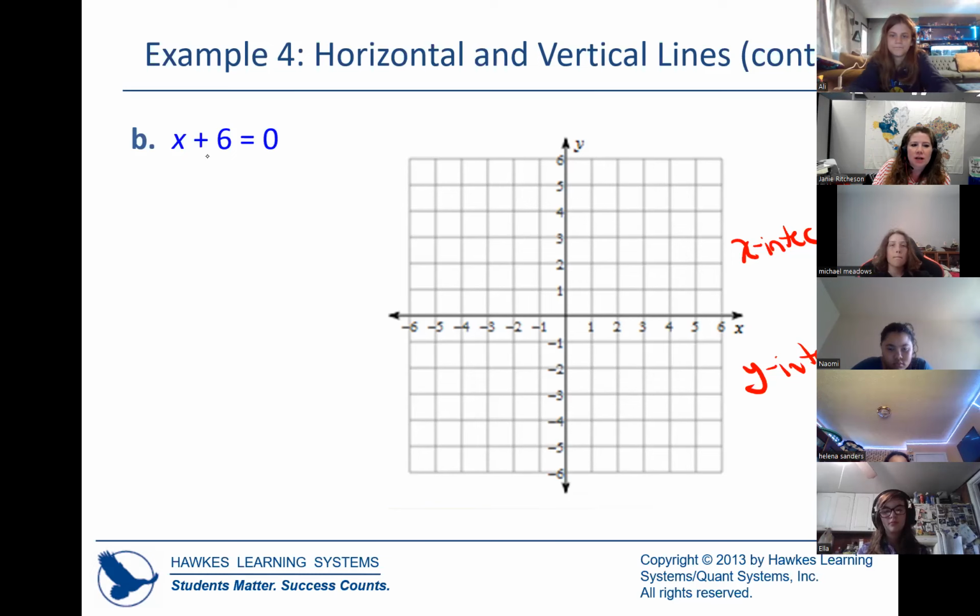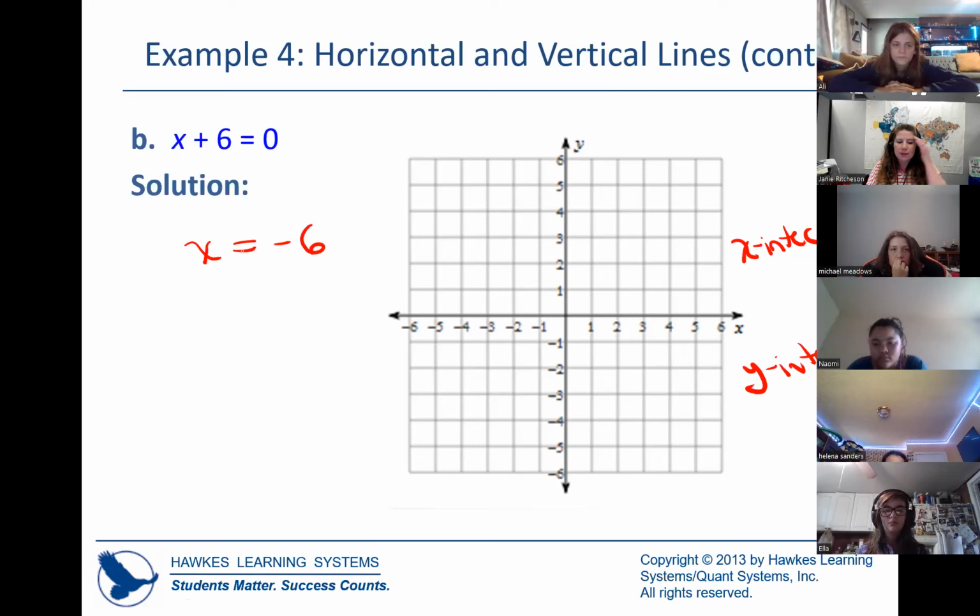All right, so let's look at it. Let me get my pen going here. So first of all, we're going to subtract 6 from both sides, which means x is equal to -6. So y'all got to remember the order of our ordered pairs. Isn't the first number x and the second number y, right?